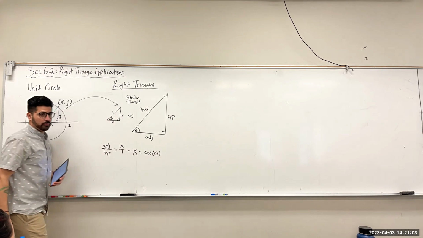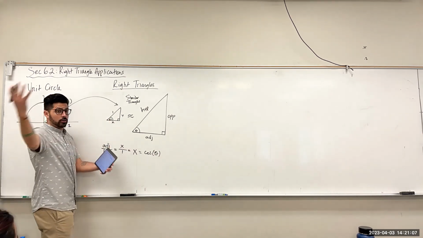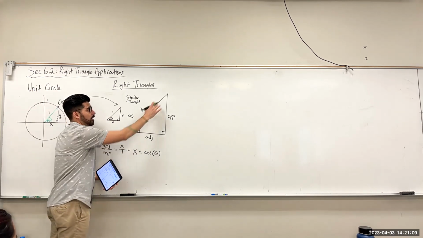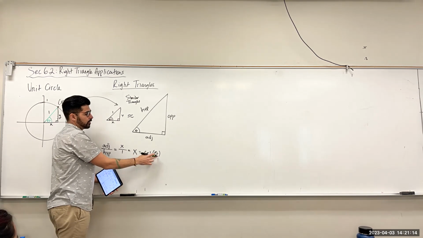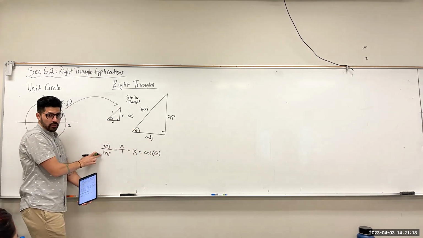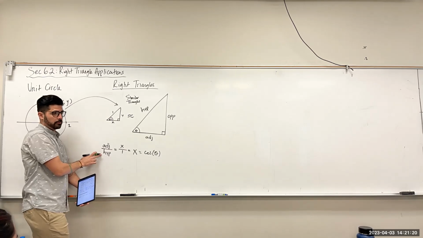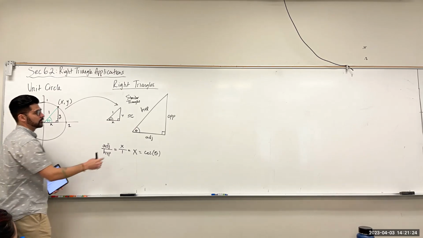That's what we've been calling cosine of theta. And so here it's showing us that for a bigger right triangle where the hypotenuse is bigger than 1, I can also find the cosine of this angle by dividing the adjacent side over its hypotenuse. And then we do the same thing for sine.